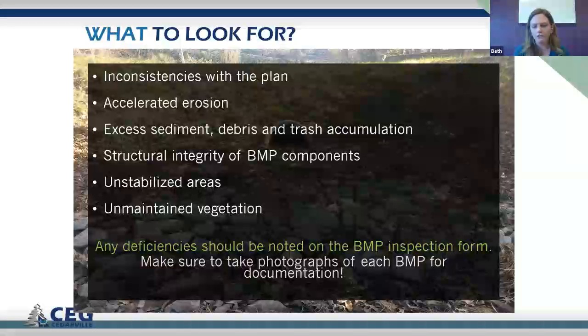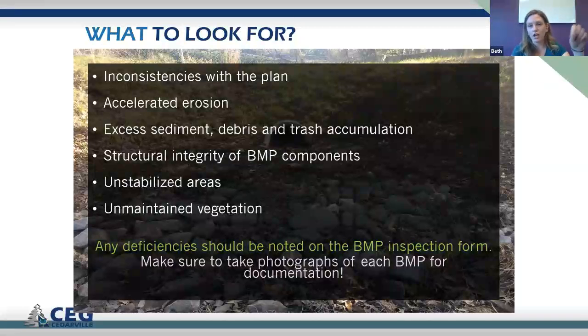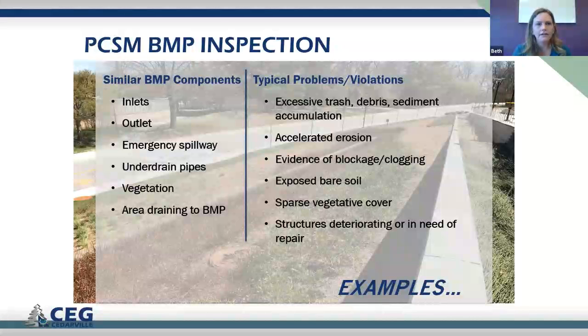That's not a comprehensive list, but it's just the key components. Then any deficiencies that are similar to that should be noted on your form and take photographs. The photographs are really the most important part. It allows you to properly follow up because I think that it's really hard to remember exactly based on just a check mark a lot of times. You should take some detailed notes if possible, and also photographs.